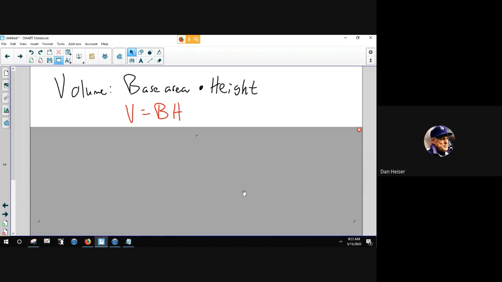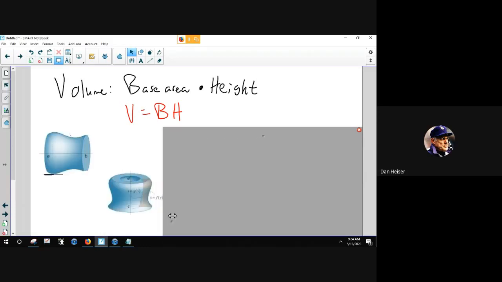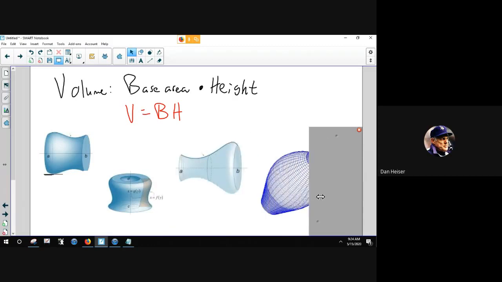Someday, some of you are going to take a calculus course. The second semester calculus, or sometimes it's called Calculus 2, you get to deal with volumes that are a little more tricky. They're a little more complicated. Volumes of these figures.